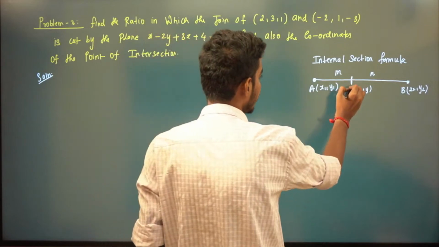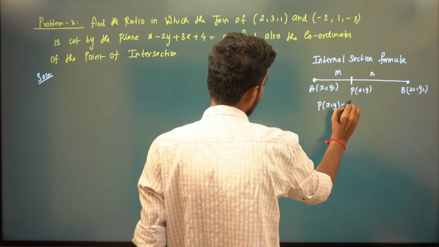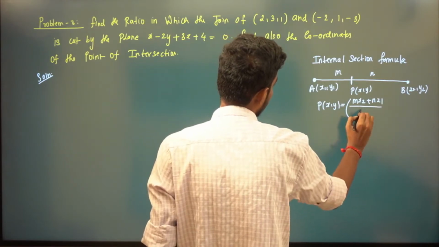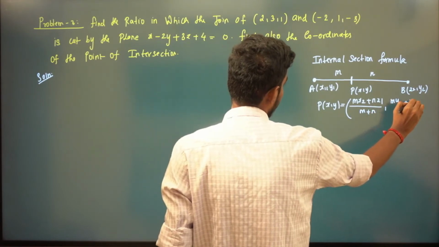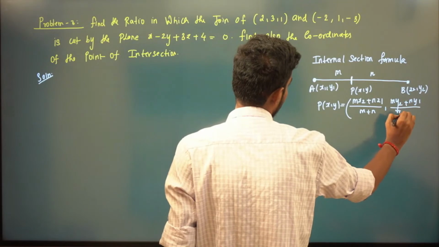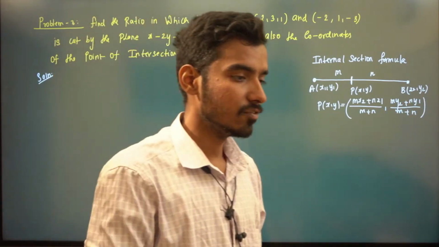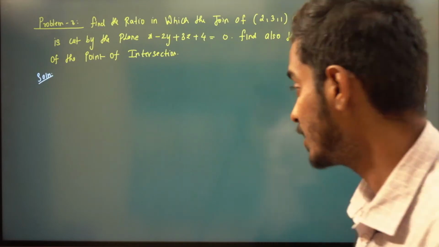Then what about the coordinates of P? P(x, y) is given by (mx2 + nx1)/(m + n), (my2 + ny1)/(m + n), right? You have studied this in 10th standard itself. Just try to recall the internal section formula and the external section formula.